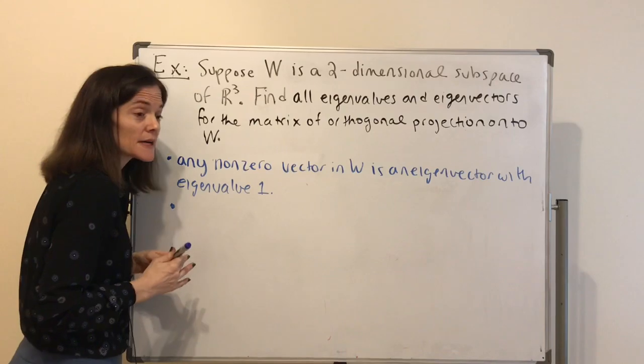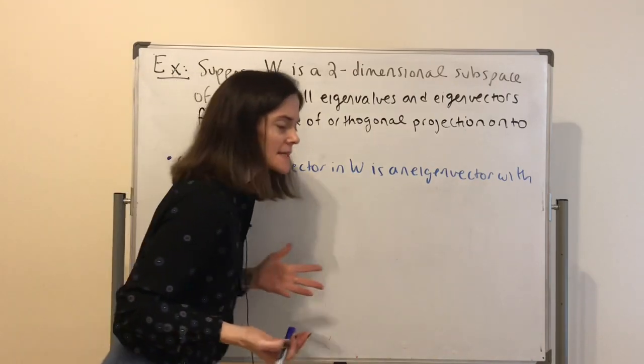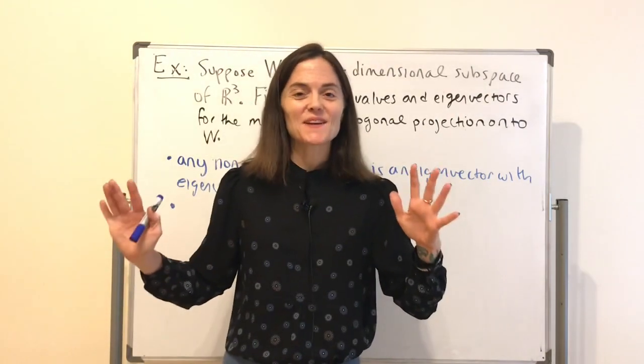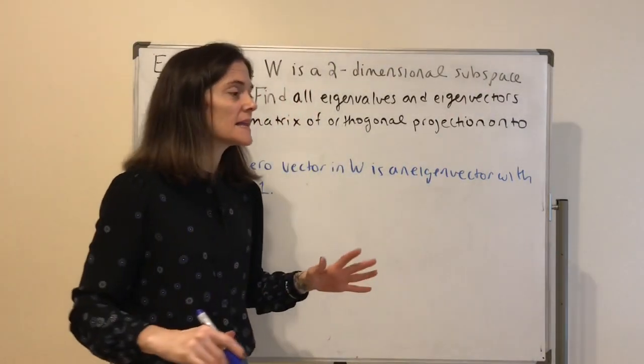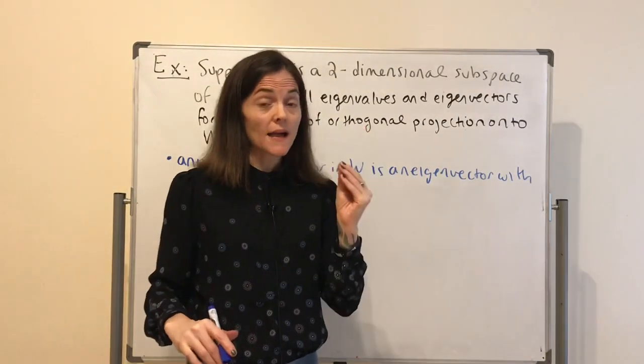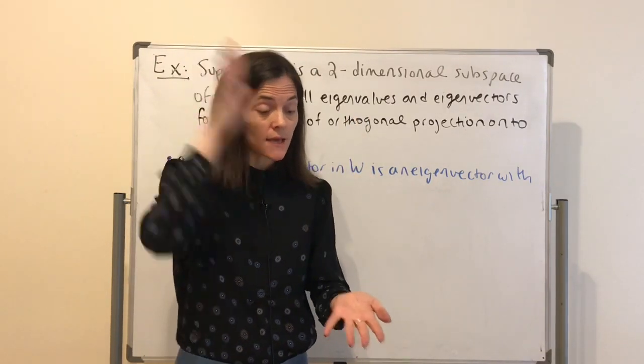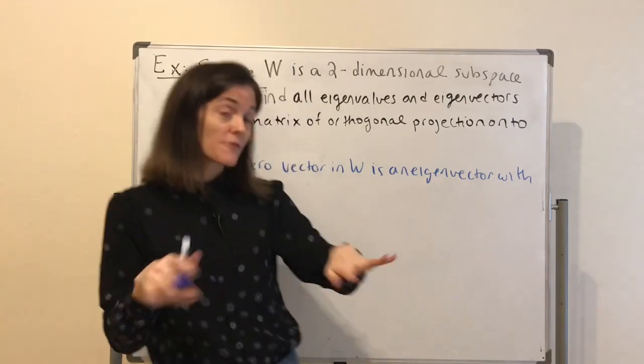So far, so good, but there's also some other ones because what else do we know about orthogonal projection? Well, if you are orthogonal or perpendicular to this plane, then under the projection you map to 0.